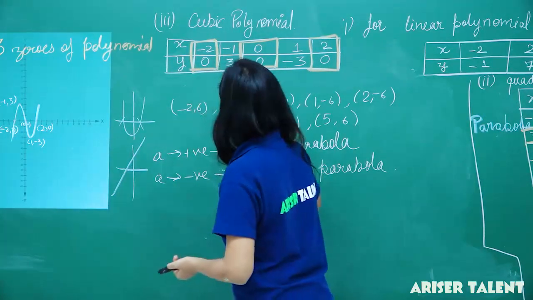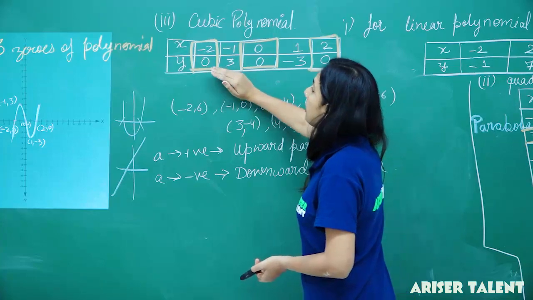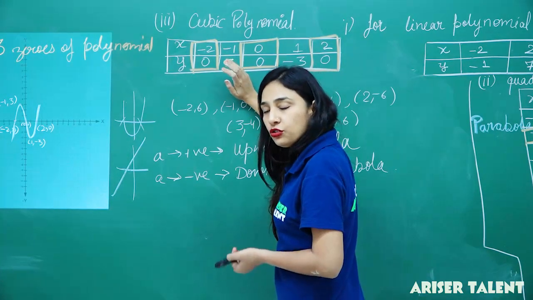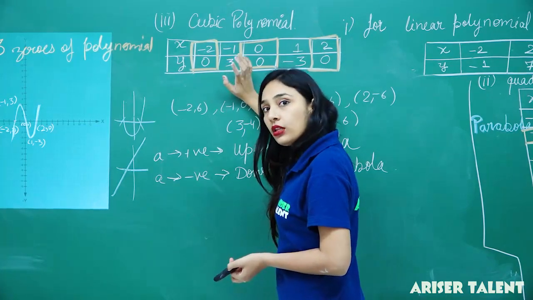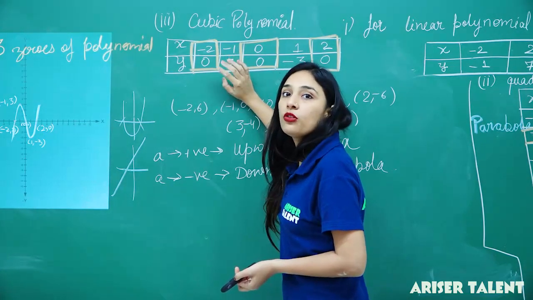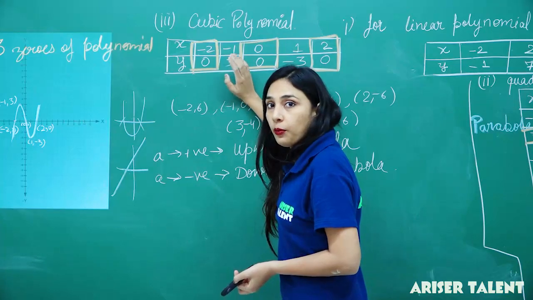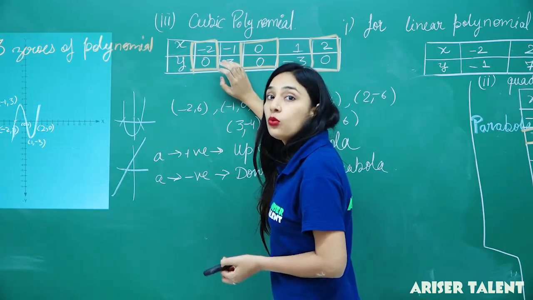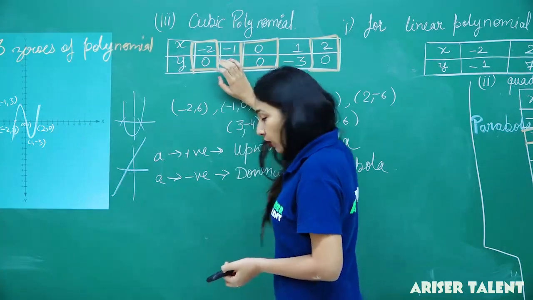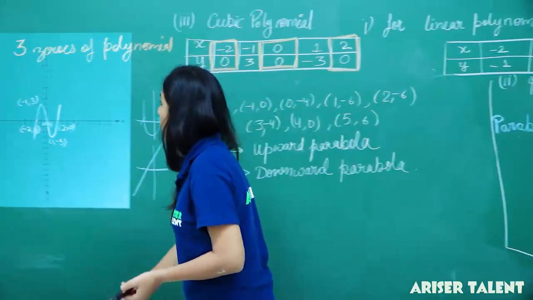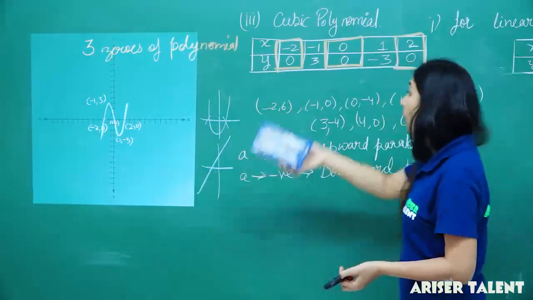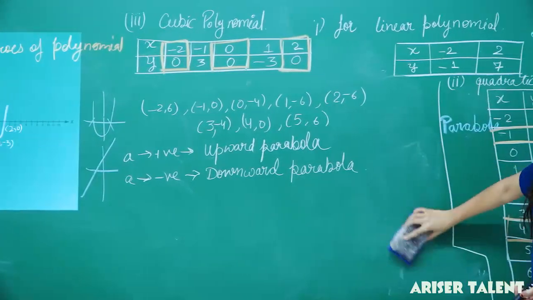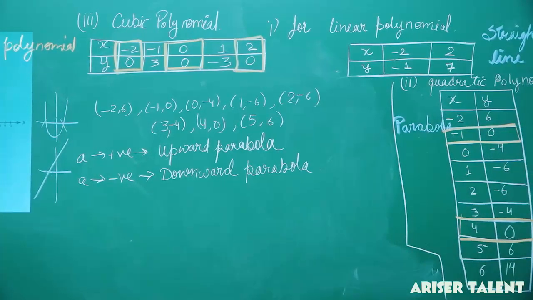So if you continue to take various values of x, you will eventually find that there are only 3 zeros of polynomial in a cubic polynomial and at most 2 zeros of polynomial in a quadratic polynomial, right? So now I am rubbing this whole green board. Note it.